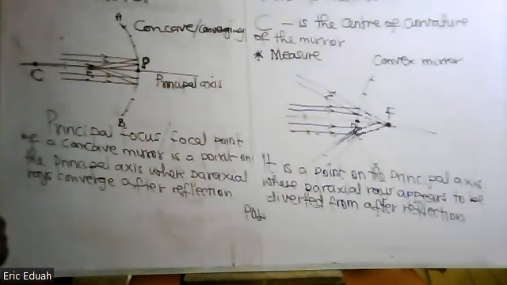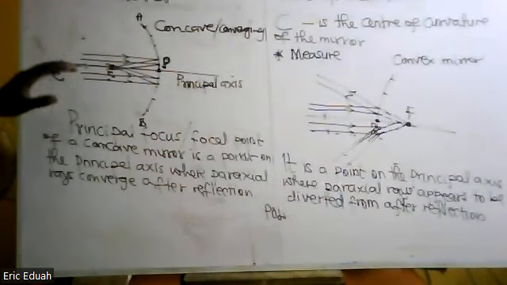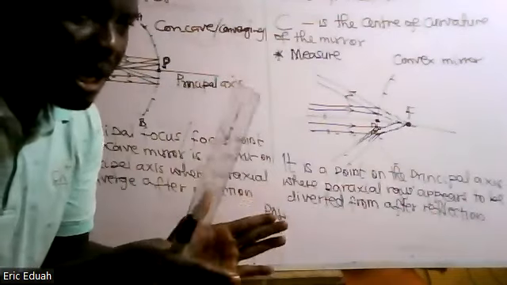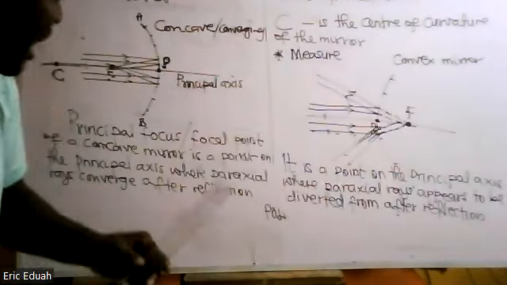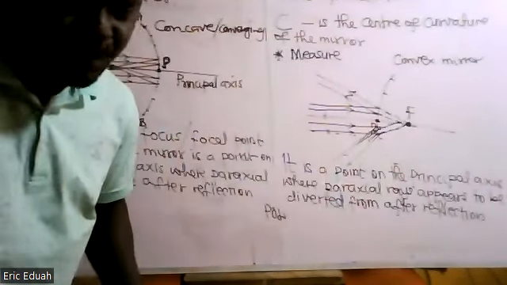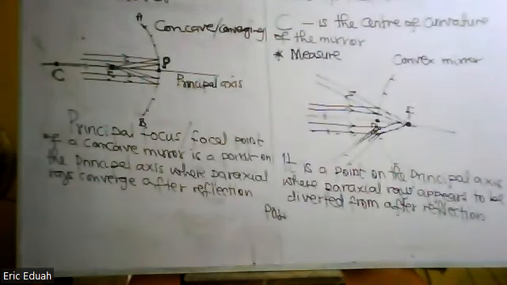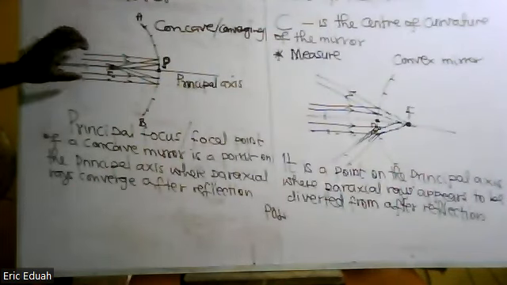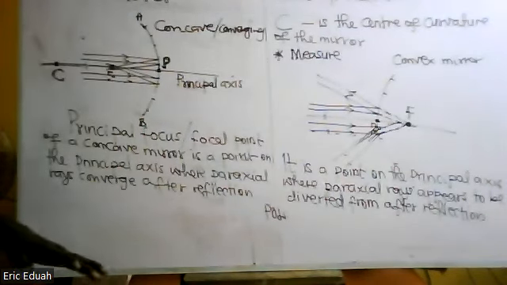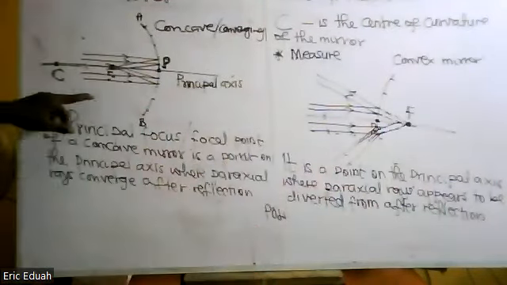Okay, so let's take it from the concave mirror. First, I said paraxial rays are rays that are close and parallel to the principal axis. They are so close. What I've drawn cannot well explain it, but paraxial rays are very close to the principal axis. So when you focus paraxial rays onto a concave mirror, it will converge parallel rays.